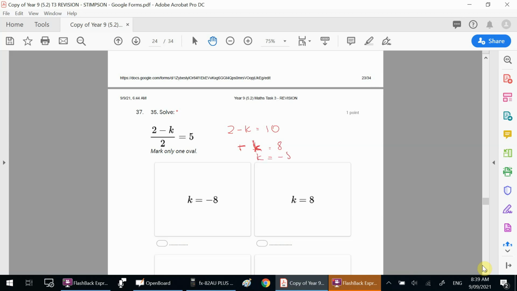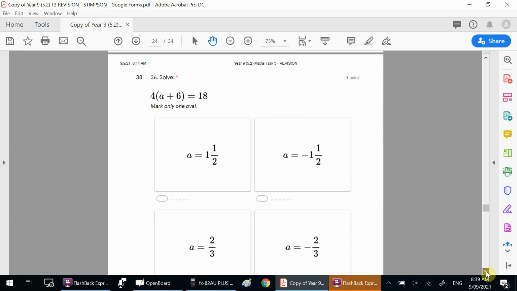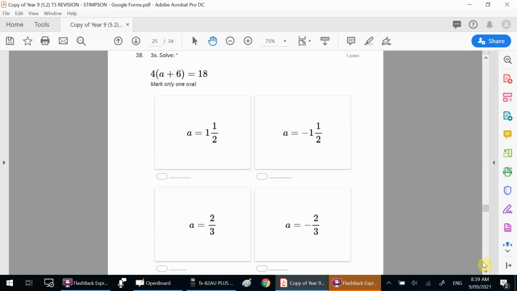K equals minus 8. Expand the brackets. We get 4a plus 24 equals 18. Get rid of the 24. So take 24 away, that's minus 6. Divide by 4. That's the same as minus 1.5. There it is there.